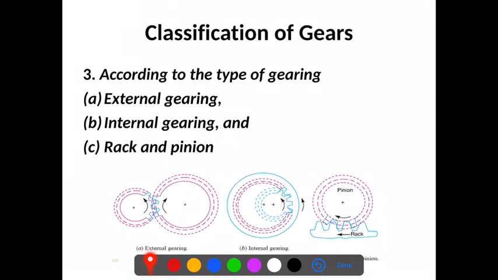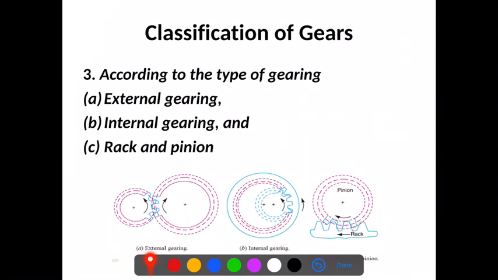The third type of arrangement is called a rack and pinion. In this arrangement, one gear is rotational while the other is a straight line gear. The straight line gear is called a rack, while the circular gear is called a pinion.